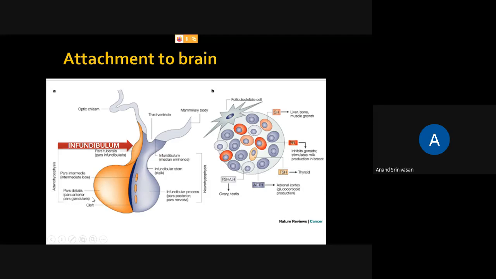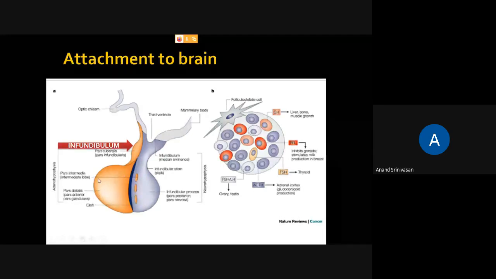Here you can see this is the anterior part of the pituitary, also called adenohypophysis, and this is the posterior part, called neurohypophysis. The anterior part is divided into three parts: pars distalis, pars intermedia, pars tuberalis.